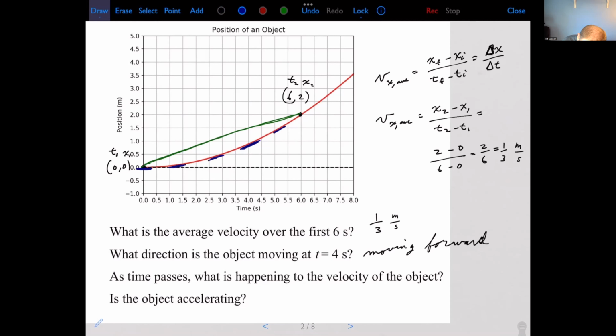And you can see here the slope just keeps increasing. So that means the velocity, which represents that slope, is increasing over time. As time goes on, this object is getting faster and faster and faster. The velocity is increasing over time. So velocity is, I'll write an arrow like that, increasing over time.